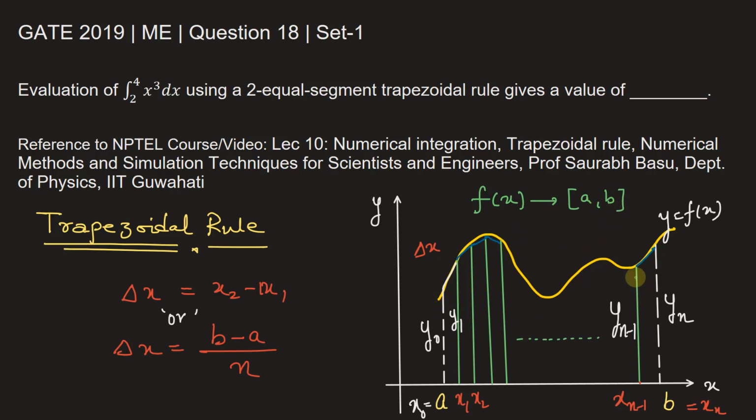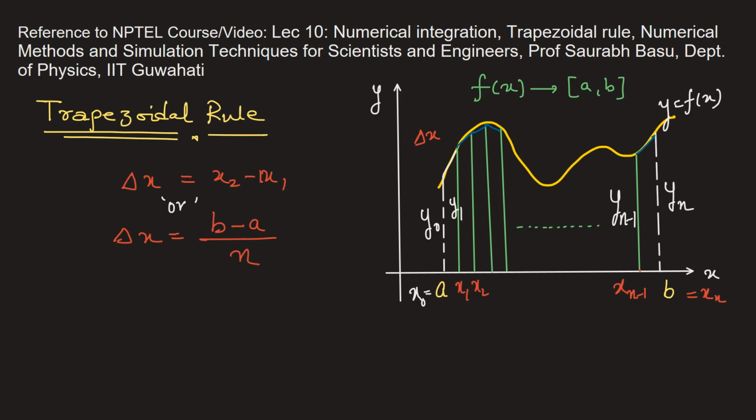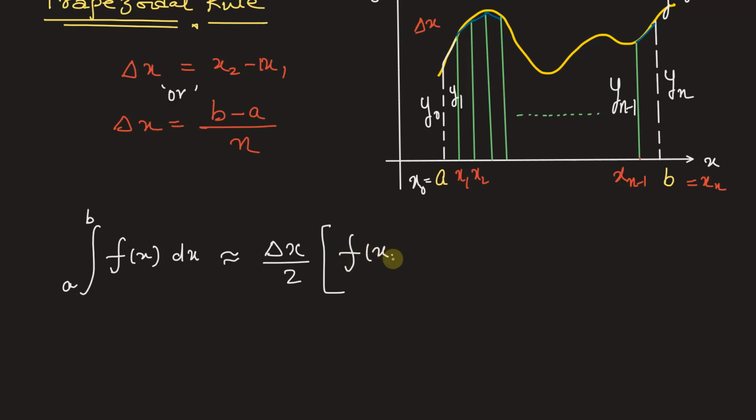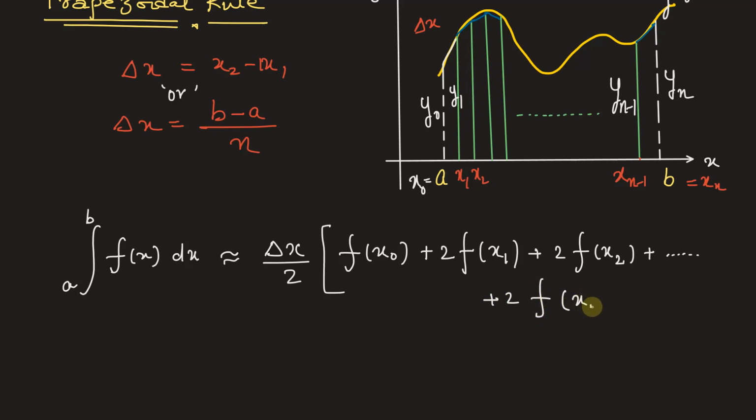Now according to the trapezoidal rule for approximation, the integral from a to b of f of x dx is given by delta x by 2 multiplied by f of x0 plus 2 times f of x1 plus 2 times f of x2 plus so on, plus 2 times f of xn minus 1 plus f of xn.